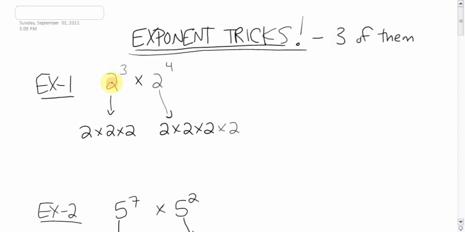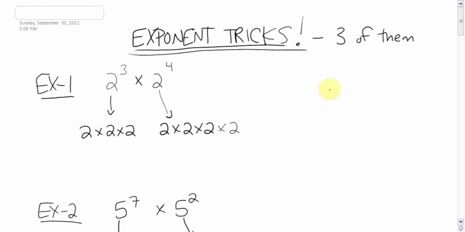Let's see a question like this: 2 to the power 3 times 2 to the power 4. The old-fashioned way, you would have to go 2 to the power 3, which is 8, times 16, and then you have to go on the side here and figure out 16 times 8. Well, have I got a deal for you?